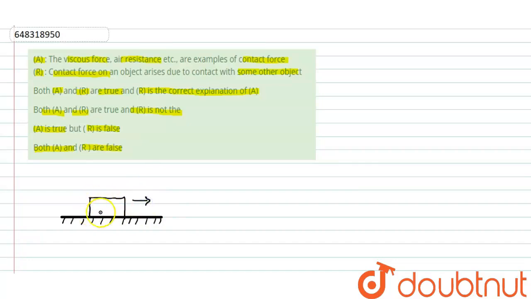There will be a frictional force acting opposite to the direction of motion. This is our ground and this is the body. There will be a force due to the mass of the object, that is the weight, and a normal reaction force that is upwards.